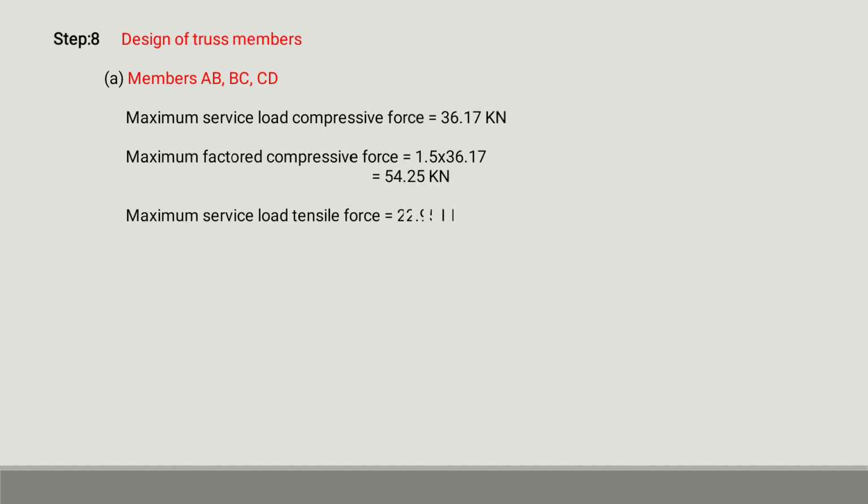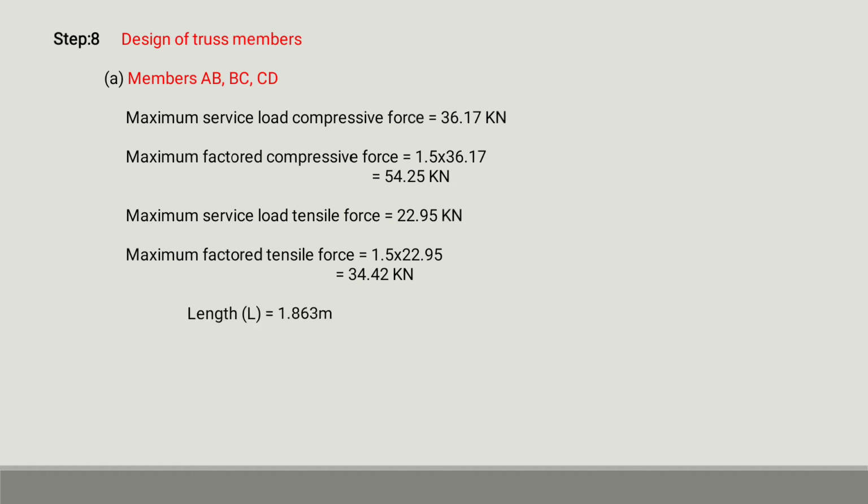Maximum service load tensile force is equal to 22.95 kilonewton. Then maximum factored tensile force is equal to 1.5 into 22.95, so 34.42. We know the factor load of 1.5 is a constant value, so you can simply know that. Length is 1.863 meter. Then effective length KL is 1.304 meter.